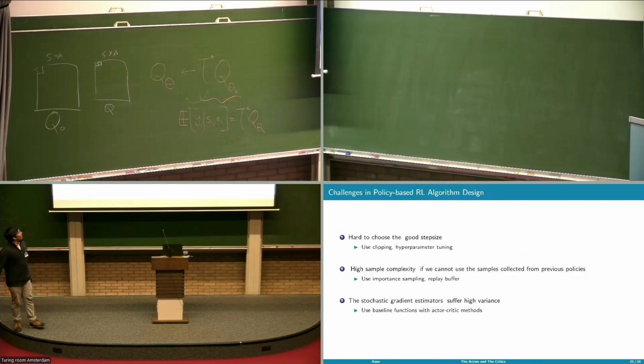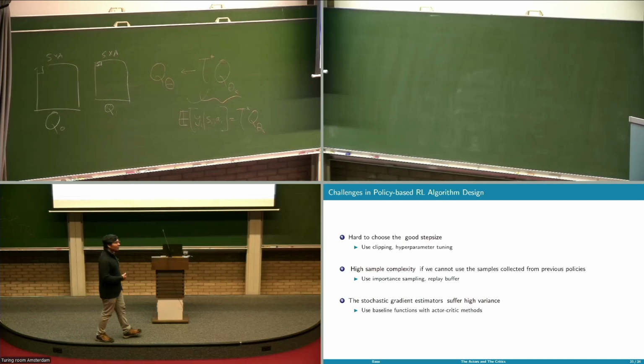Okay, so we have found out another family of algorithms, the policy-based one. But the whole point is that it is hard to choose the step size. If you jump too much, you go too far away, you go unstable. So that's why you use clipping, you use this proximal operator, and sometimes you do hyperparameter tuning, obviously. And then the other part is the high sample complexity.